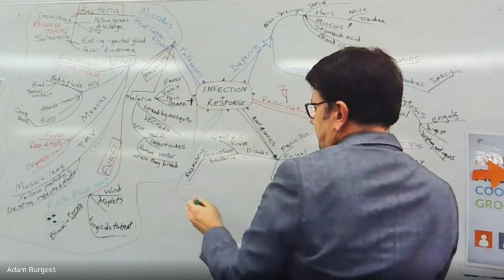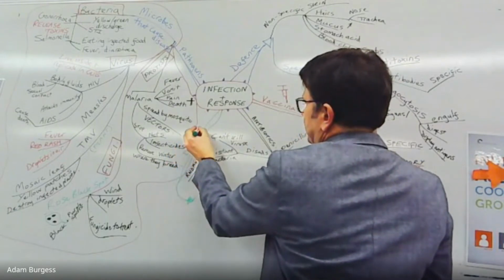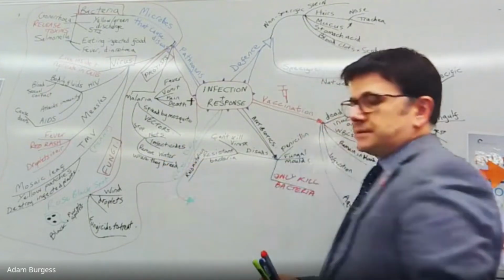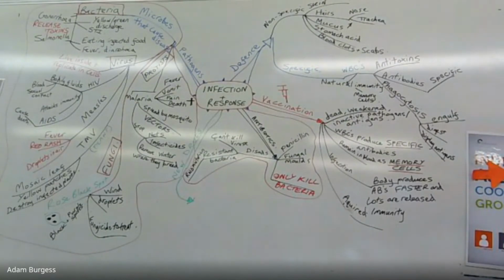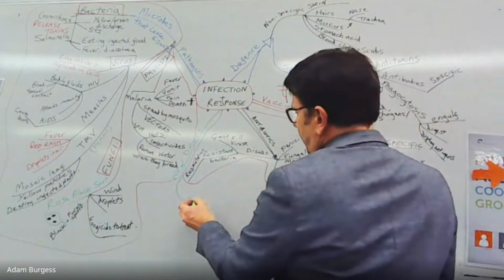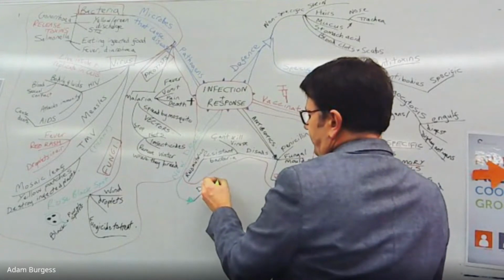Okay, so let's do drug development. So new drugs, very, very quickly, where do drugs come from? Well, you can have things like digitalis, which is from the foxglove.